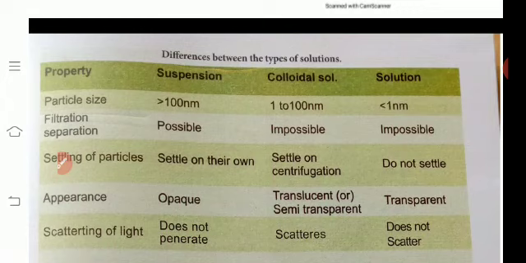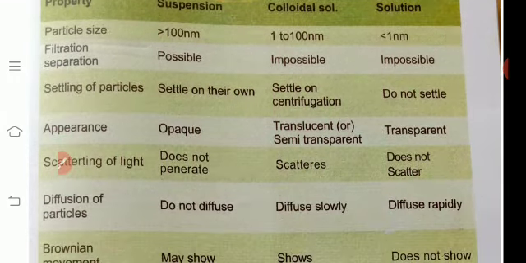Greater than 100 nanometer, here 1 to 100 nanometer and less than 1 nanometer. The filtration method is possible only for suspension solution; for colloidal solution it is not possible, and for true solution it is not possible. Then separation by filtration: possible, impossible, impossible.